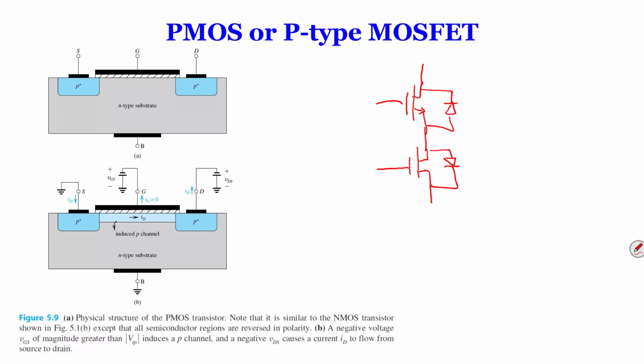So current will flow this way. We can use two MOSFETs, let's see. So current can go this way. This diode will be actually wrong. So we'll have to flow this way.